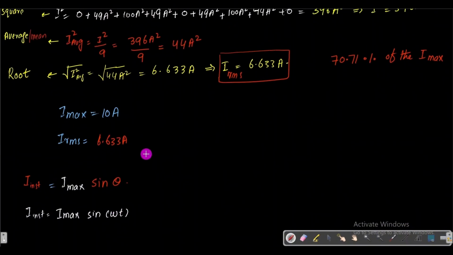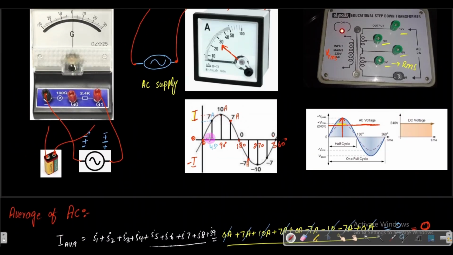It means that at any instant, if I am interested in finding the instantaneous value, it is given by this. I instantaneous is equal to I max into sine theta.